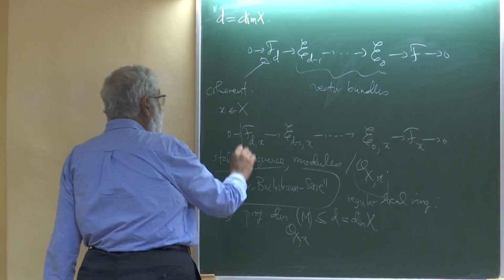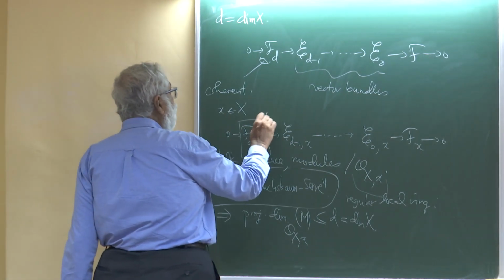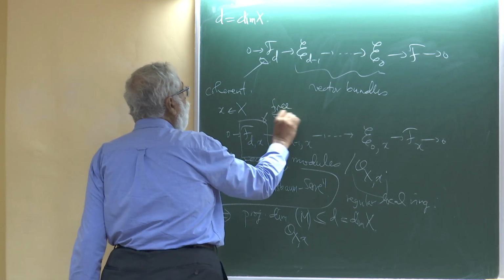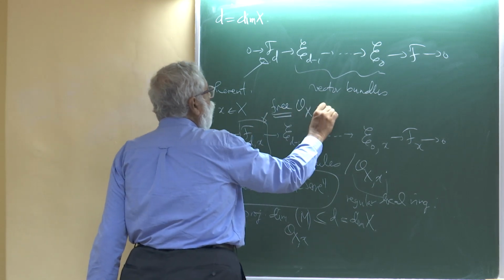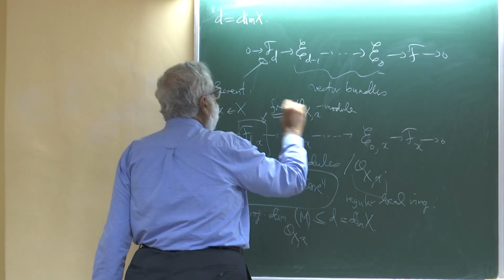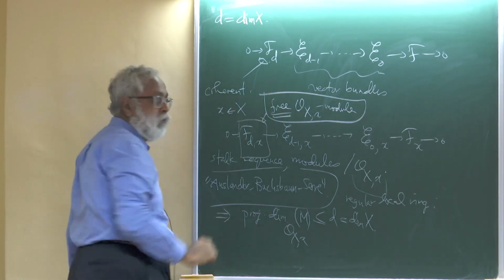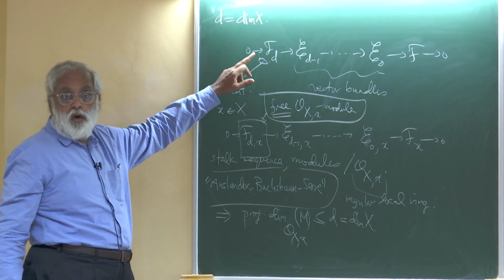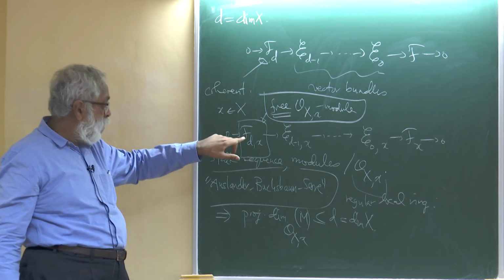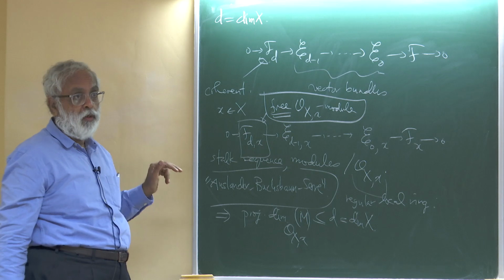But then the upshot is, because of that, this is actually a free O_{X,x} module. So F_D is a coherent sheaf, each of the stalks of which is a free module.